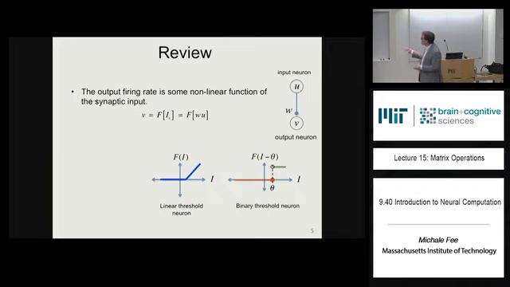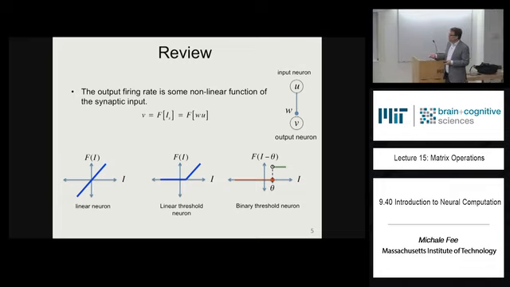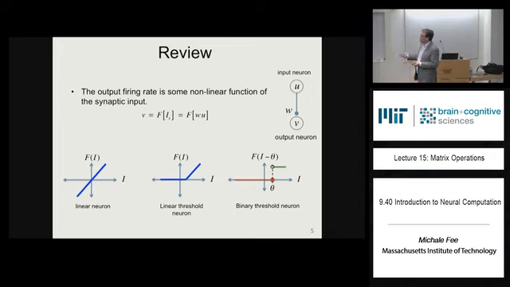We talked last time about a binary threshold neuron that has 0 firing rate below some threshold and then steps up abruptly to a constant output firing rate 1. And then we also introduced last time the notion of a linear neuron whose firing rate is just proportional to the input current and has positive and negative firing rates.